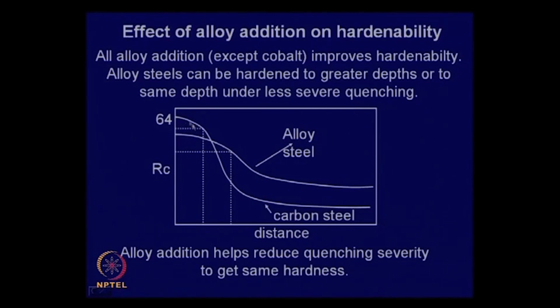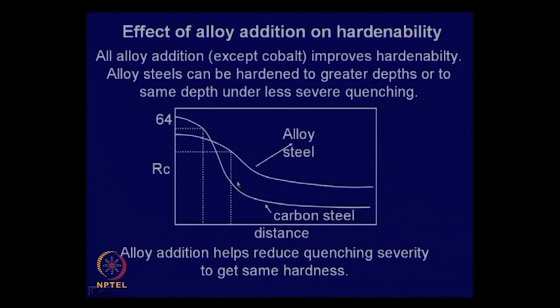If you look at the Jominy hardness plot, this is the surface hardness. This is around 0.6% carbon steel with no other alloy element, primarily carbon, so it will be a shallow hardening steel, and this is the Jominy hardness profile.